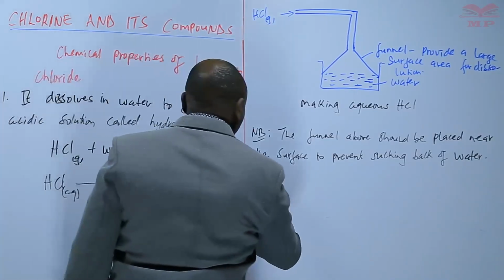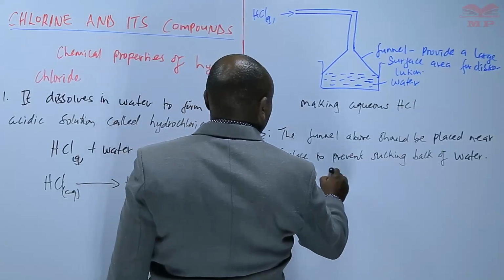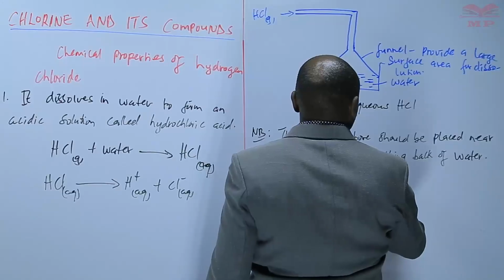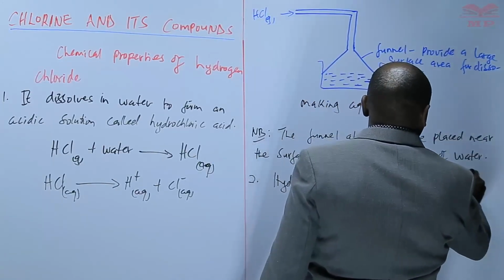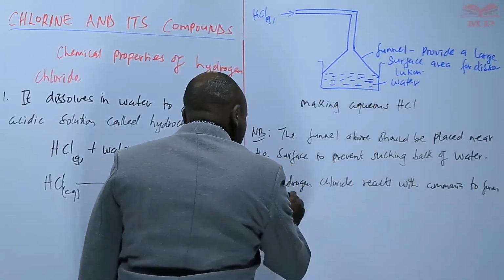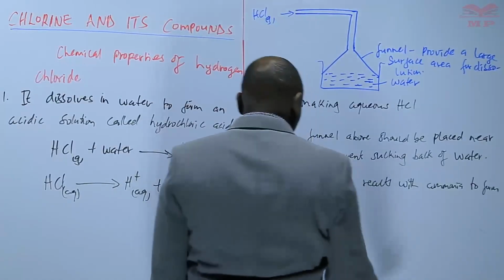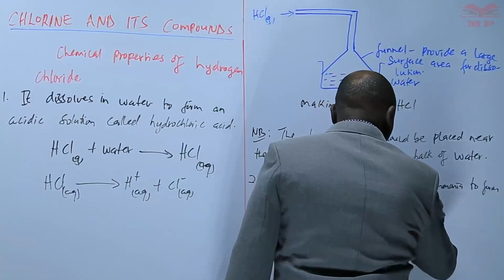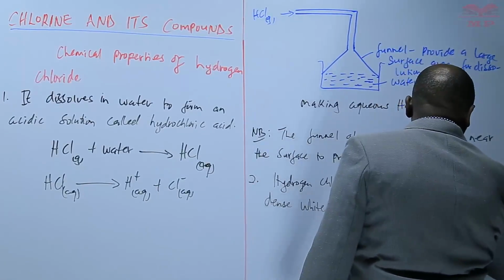Number two is that hydrogen chloride reacts with ammonia to form dense white fumes of ammonium chloride.